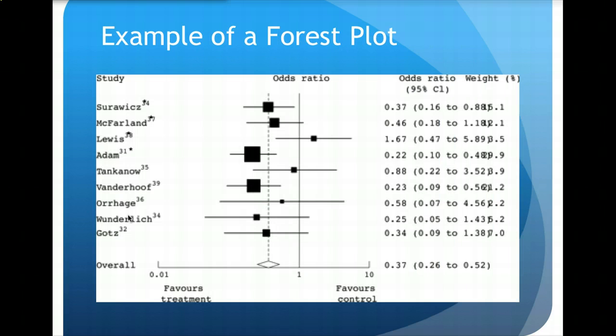Now, I have an example of a forest plot here, so I want to break down what you're looking at. This is an example that I took from a study, which you can see later in the references or citations.